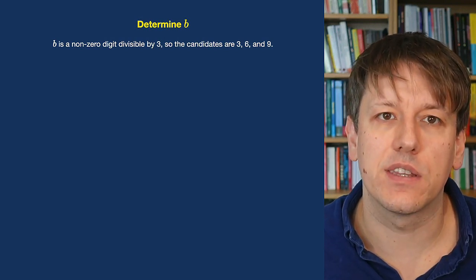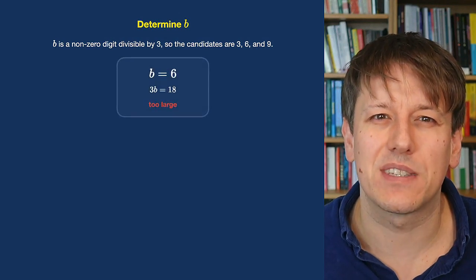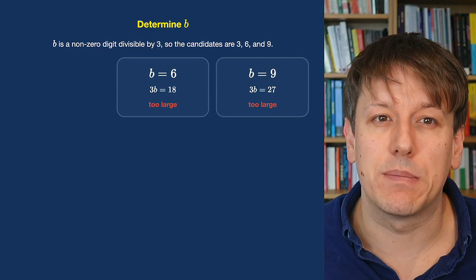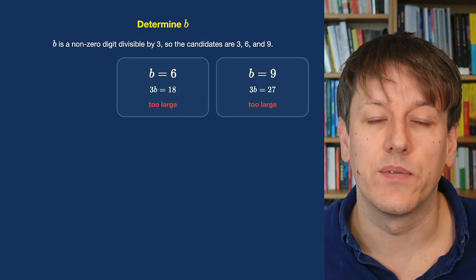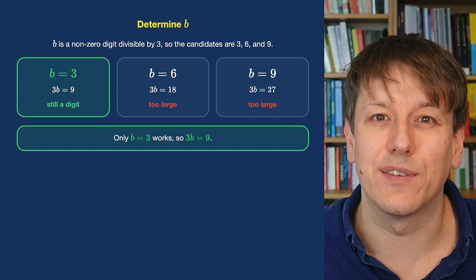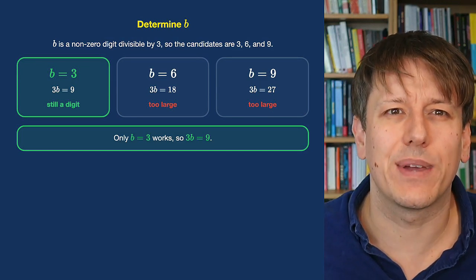But the fourth digit in the number has to be 3B, and that also has to be a digit. So if B was 6, then 3B would be 18, which is impossible, and if B were 9, then 3B would be 27, which is impossible as well. So we must have that B is 3, and so we then also know that the fourth digit, 3B, is 9. So if we can just go back to find A, we can work out the full code.